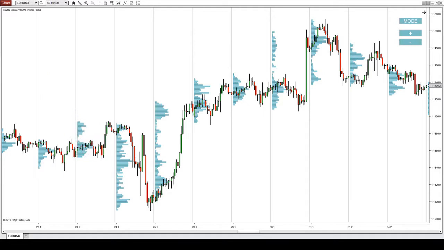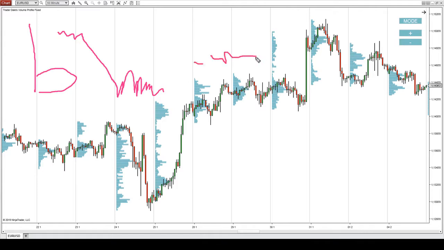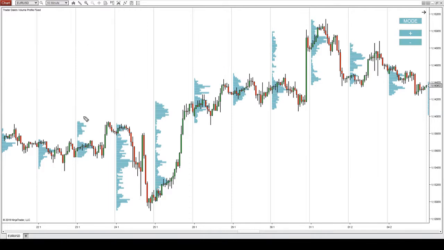So it looks like a B shape, but I don't count it as a B-shaped profile because price action behind a B-shaped profile should look, for example, like a trend followed by a rotation. Not rotation followed by a trend. So this is not a proper B-shaped profile.